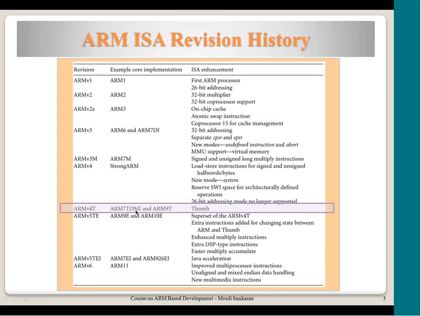So ARM7 TDMI as well as ARM9 follow this ISA, whereas ARM9E and ARM10 follow the v5 ISA, and ARM11 follows v6. So you could see that following this ARMv4T, there are both ARM7 as well as ARM9 processors.